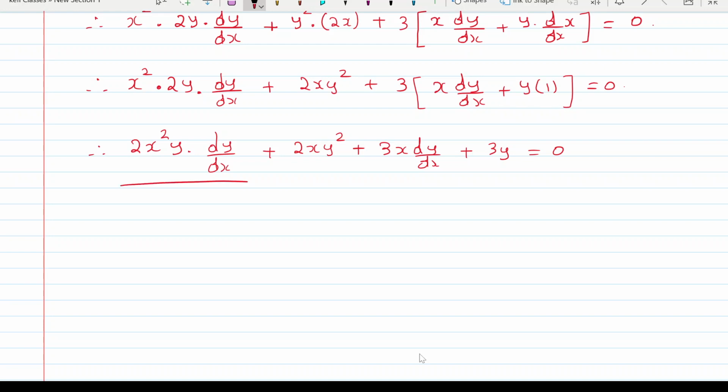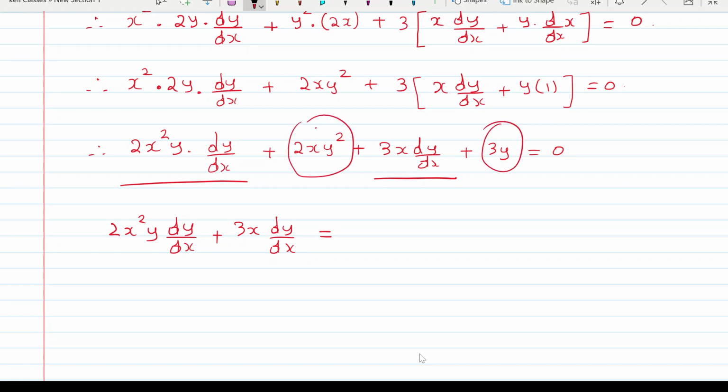So ये एक dy by dx term है, ये एक dy by dx term है. सो ये मैं साथ में लिखता हूँ. So 2x square y dy by dx plus 3x into dy by dx is equal to. So जो non dy by dx terms है, which are they? 2xy square and 3y, they have to be taken on the other side, right hand side.